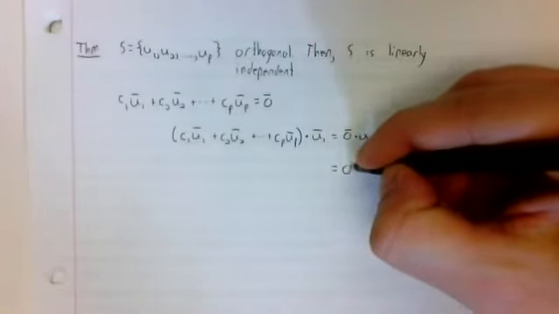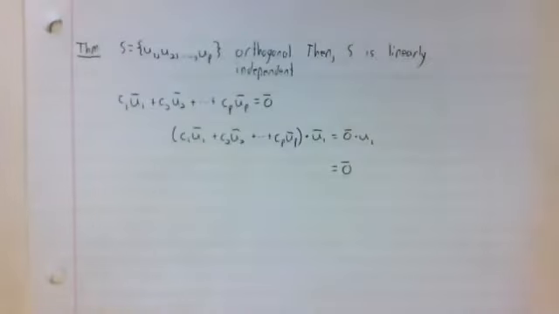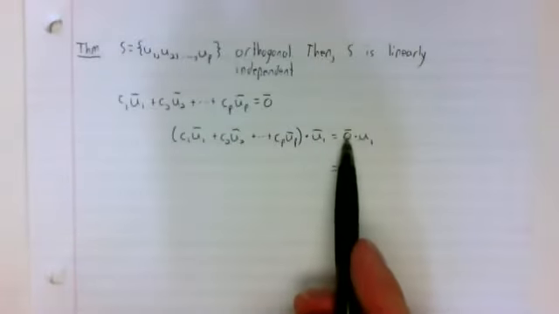Well, on the right, that will just give you 0. Any vector dotted with the 0 vector is 0.